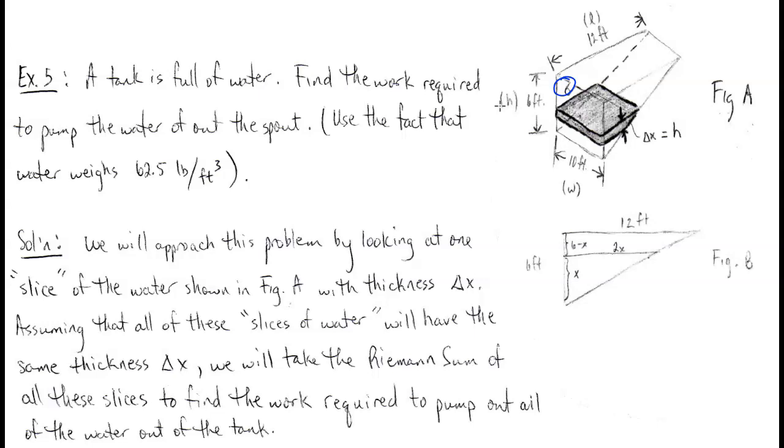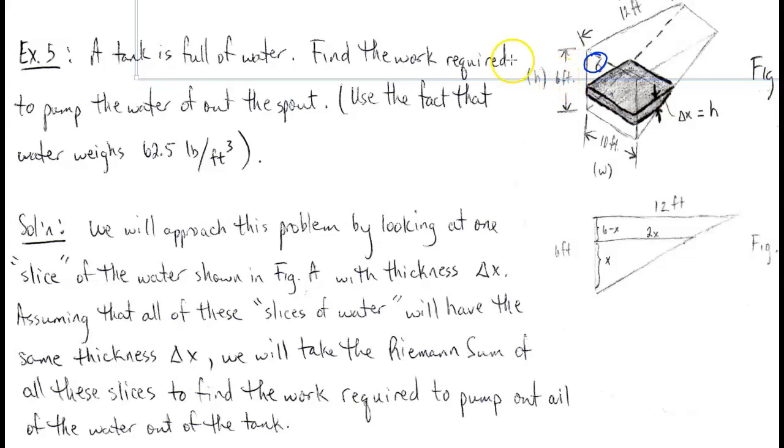We're not going to take things like the vorticity of the water, and there's something called Torricelli's law that lets you know that based upon the area of this particular spout, there's going to be a certain resistance that goes along with that water trying to get through it. We're not going to be dealing with all of that. So we essentially just want to know what is going to be the work to get all the water out of that tank.